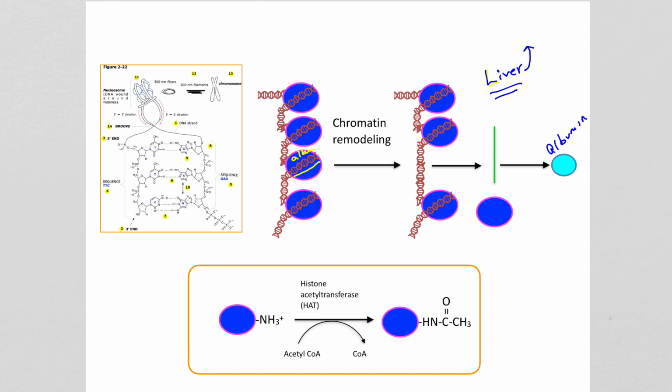Okay, so many genes are accessible only to certain selected cell types, while some genes, such as your glycolysis enzymes, we'll talk about this later in metabolism, all cells can do glycolysis. So the gene for your glycolysis enzymes should be accessible by all cell types.